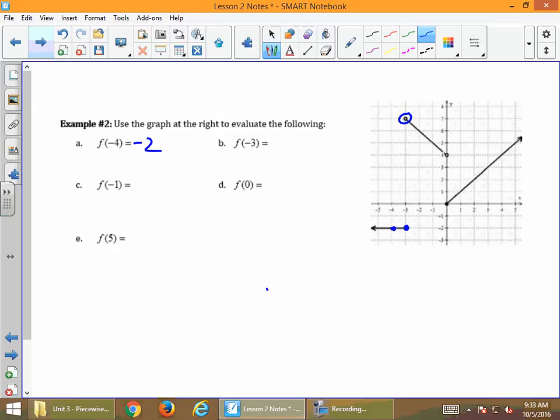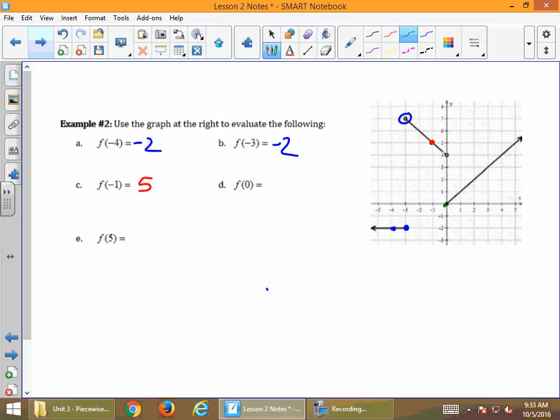So f of -3 equals what? 0. Go to where x is 0.